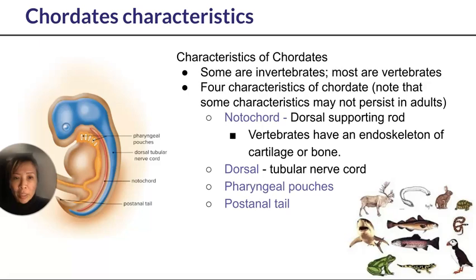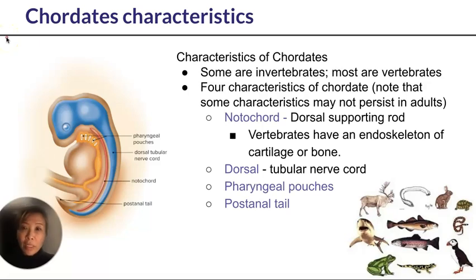Next we have our chordates. Some of these chordates are invertebrate, but most of them are going to be vertebrate. There are four characteristics that we should recognize for chordates, and some of these characteristics we see in the larval stage, but they don't persist in the adult state. The first one is the notochord. The notochord is a dorsal supporting rod, and we can see the notochord right here in this image of the chordate.